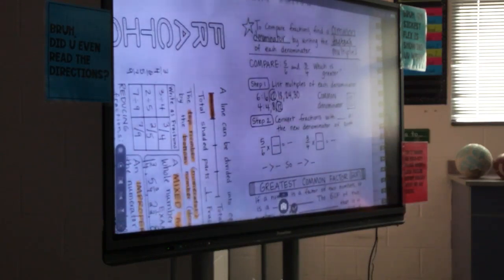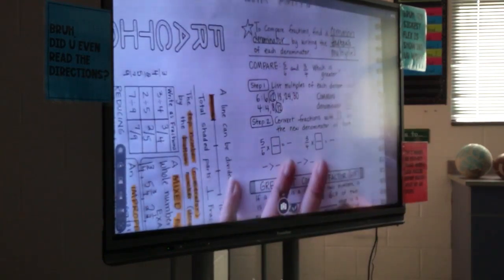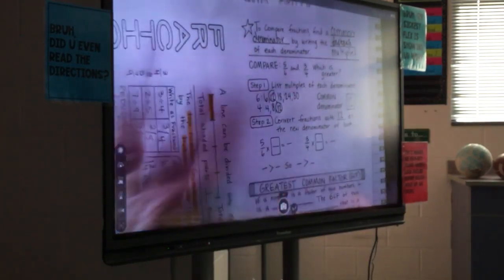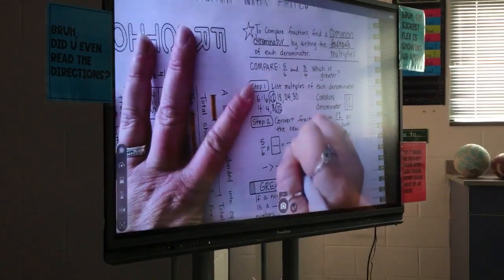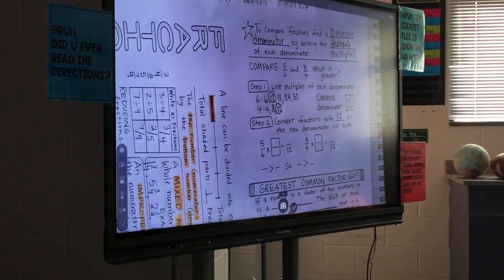All right, so now it says convert fractions with 12 as the new denominator for both. I'm going to put 12 down here, and I'm going to put 12 right here. Why did I put 12 on the bottom? Because the denominator is 12.